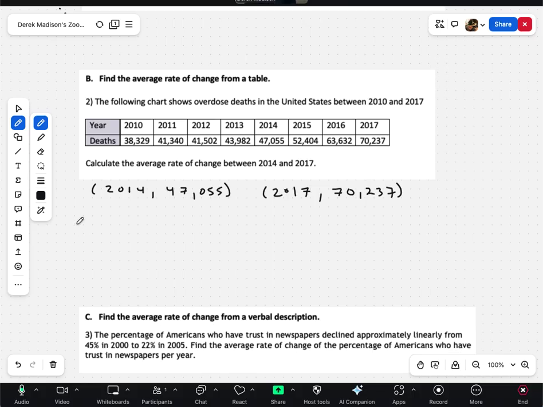And so if we're thinking of this as our classic y2, y1, x2, x1, we got our ordered pairs written out nice and neat so we can see what we got. And we'll just find our change in y, y2 minus y1, and then over our change in x.